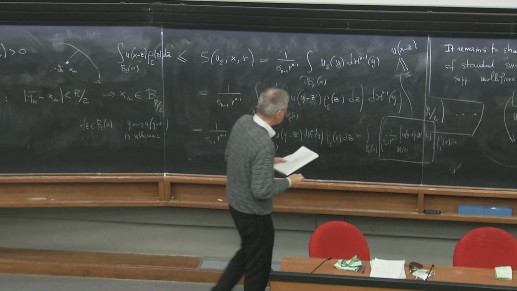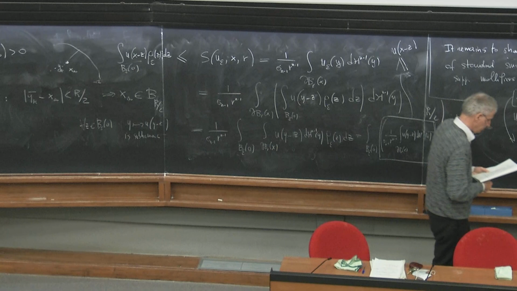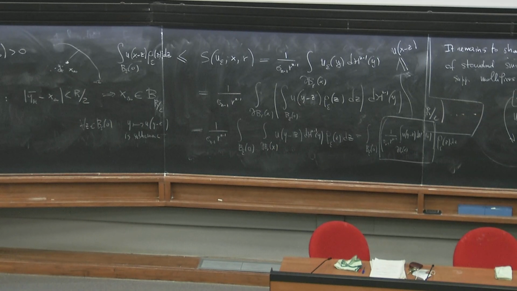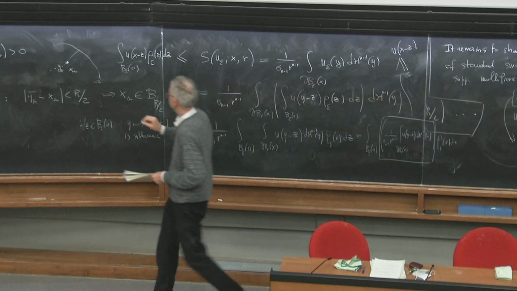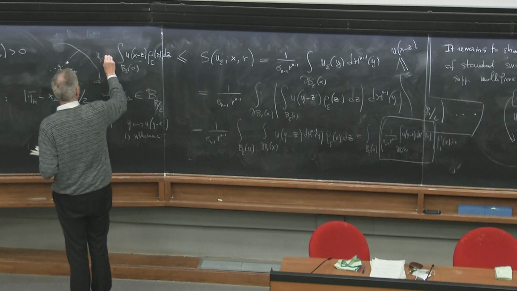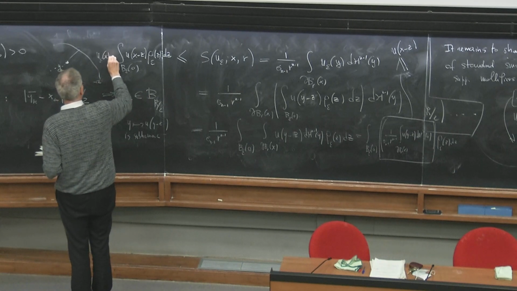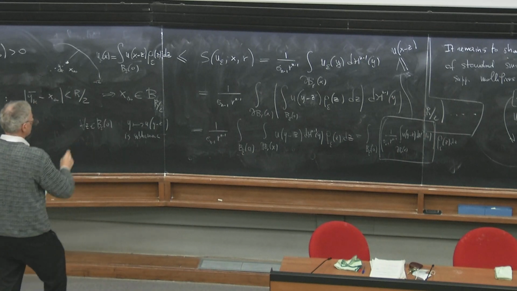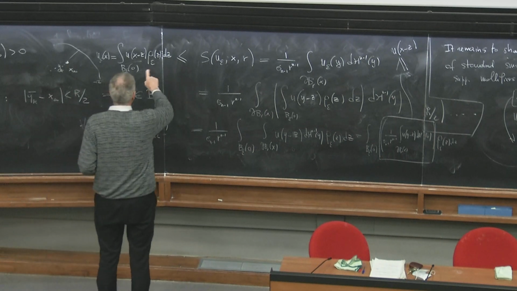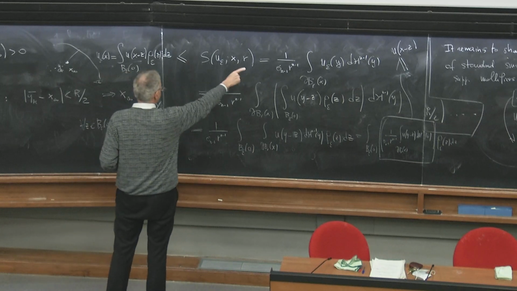Okay, and now we have to pass to the limit as epsilon goes to 0. Yes, because this is the definition of u epsilon, the convolution, so this is u star rho epsilon. So we have u epsilon of x less than or equal than this.